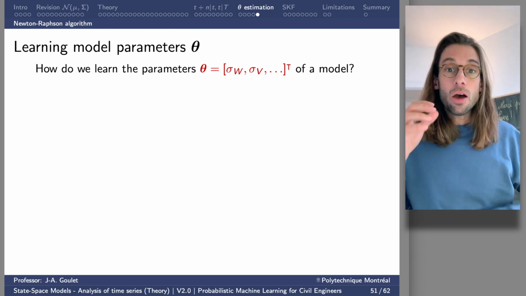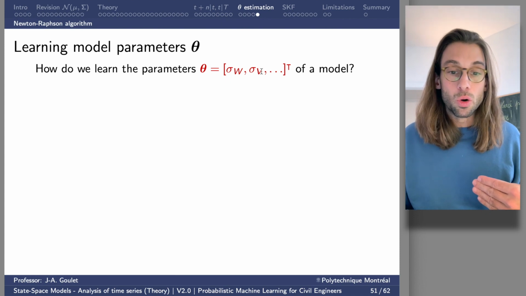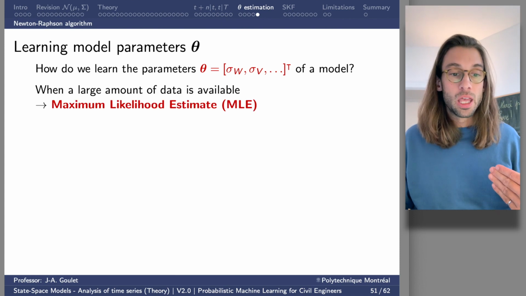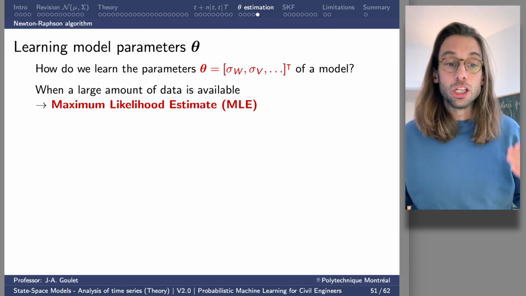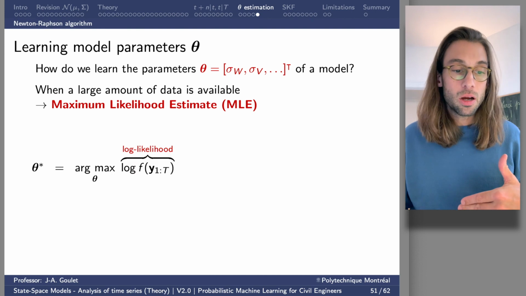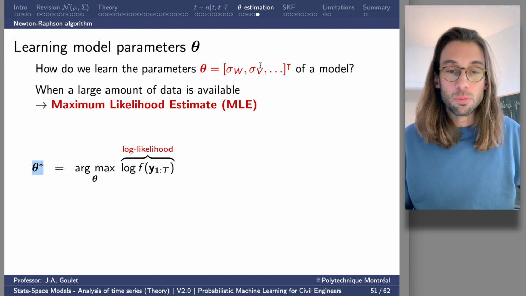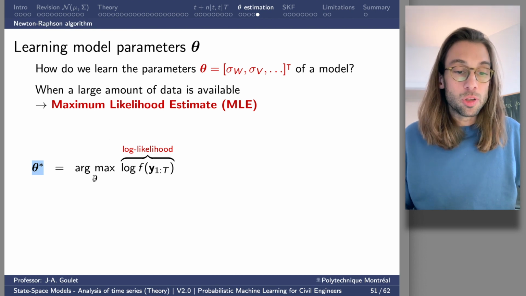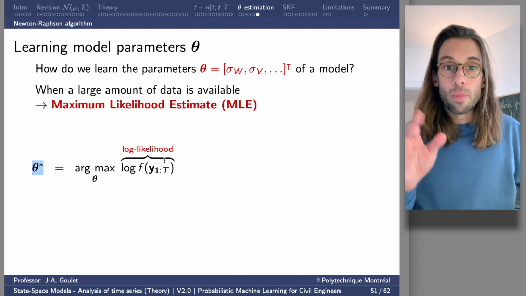Okay, so how do we learn about what are my optimal parameters, say for sigma W or for sigma V for a model? I do this by maximizing my log likelihood. So we're going to use a maximum likelihood estimate here, where our optimal parameter values for, say, sigma W and sigma V are going to be the argument theta that maximize my log likelihood for all my time steps.